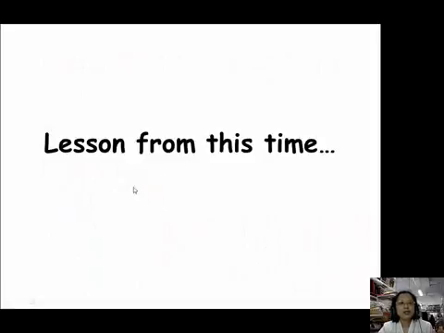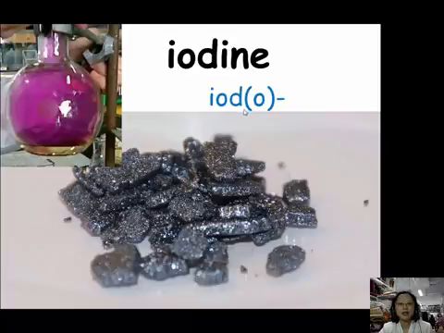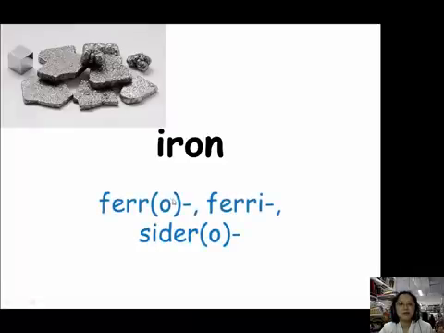Now we finish this part of lesson 17. Let's review what we learned today. For iodine, there's one prefix, iodo, I-O-D-O. For iron, we have three prefixes, ferro, F-E-R-R-O, ferri, F-E-R-R-I, and sidero, S-I-D-E-R-O.